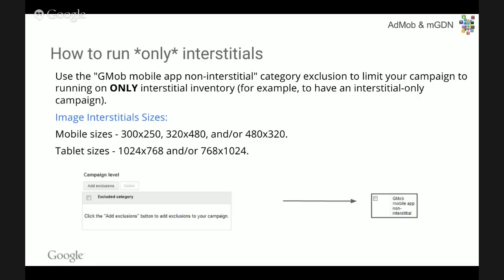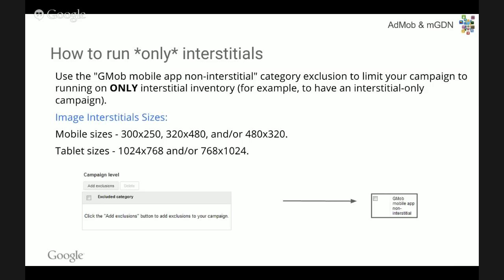Okay, so you can also bid a different CPI, and so you can be more profitable. But before doing this, make sure you know the value of the users coming from different ad formats.